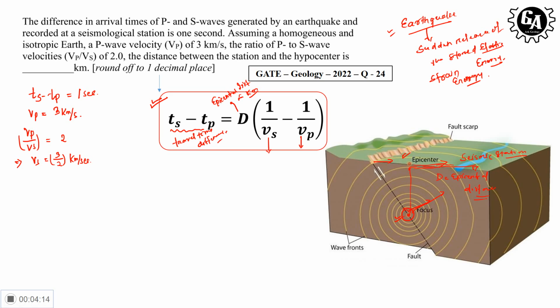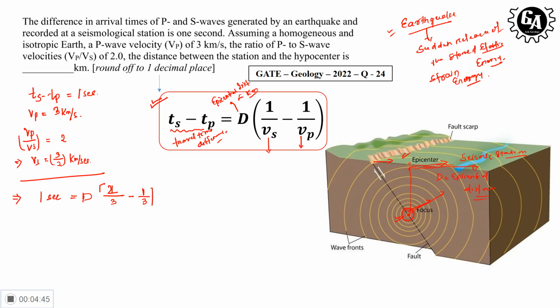So we can use the given values very simply. Ts minus Tp is given to be 1 second, which is equal to D, which we have to calculate because it is asking for D, the epicentral distance, times 1 by Vs, which is 3 by 2, so this becomes 2 by 3, minus 1 by the velocity of P wave, which is 3 km per second, so 1 by 3.